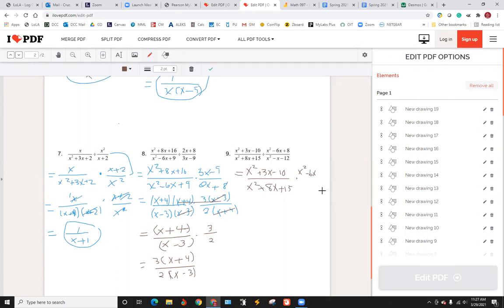Oops. See, I almost wrote it just like it is. You got to turn it upside down.